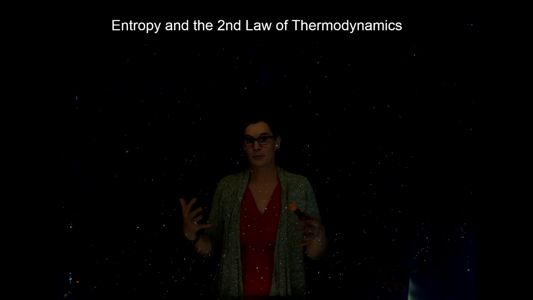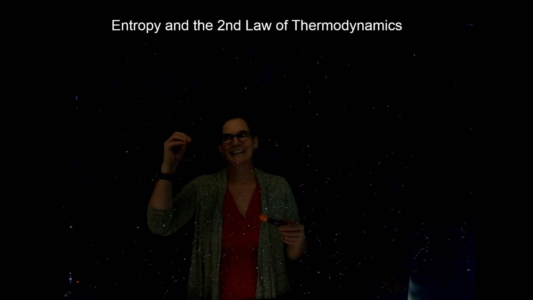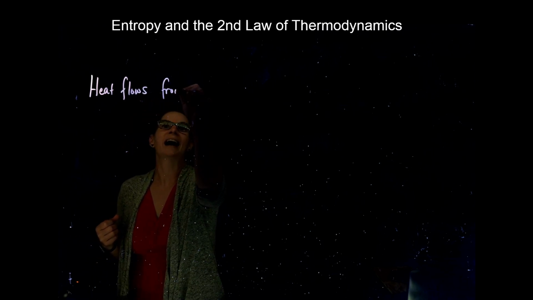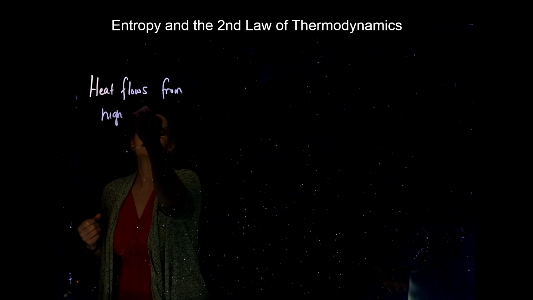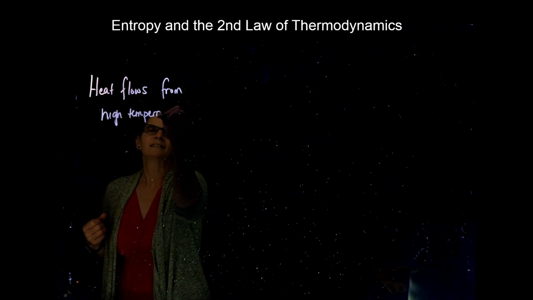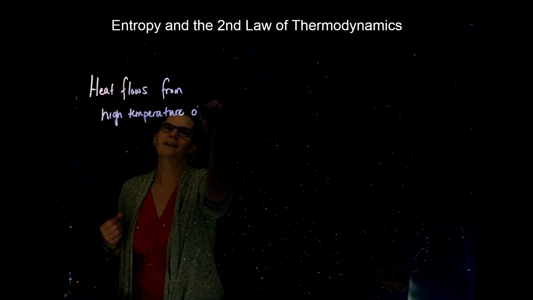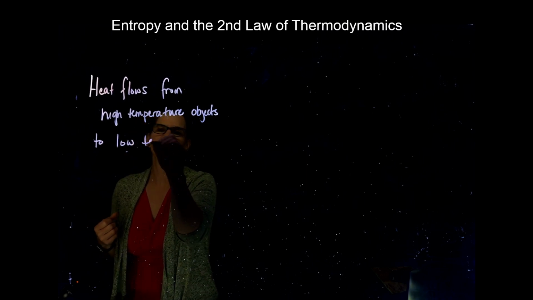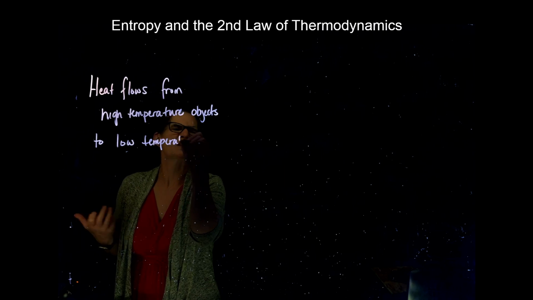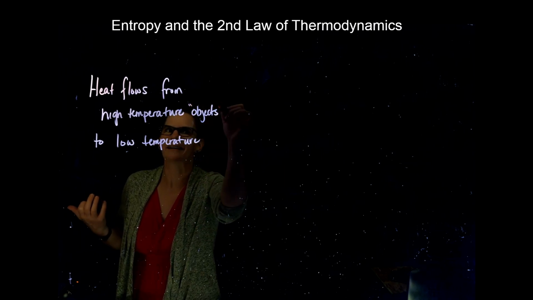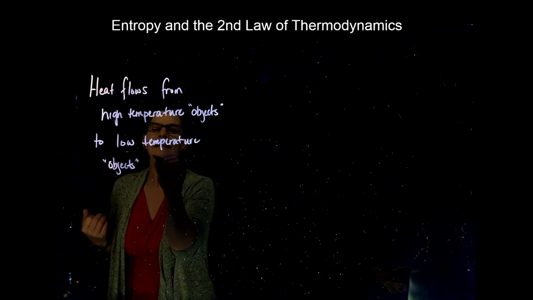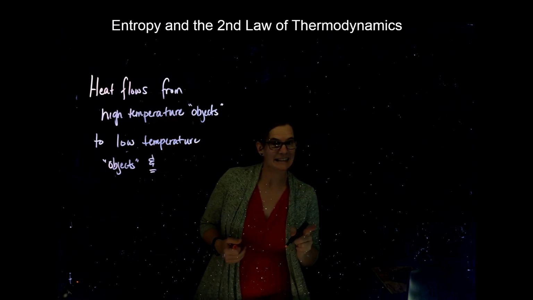So from a thermodynamic standpoint, the idea is that heat flows from high temperature objects, let's say, to low temperature objects or surroundings. Okay, so we're going to use objects kind of loosely. And this is the key.